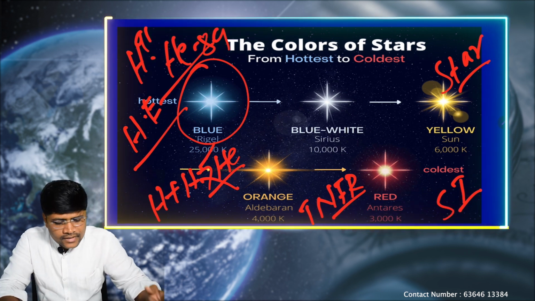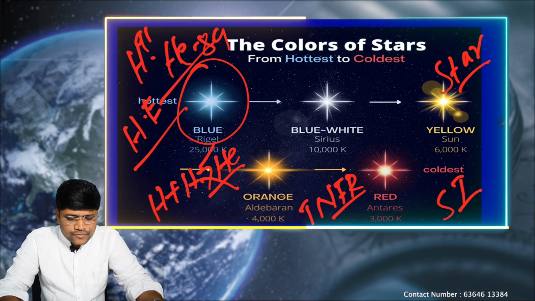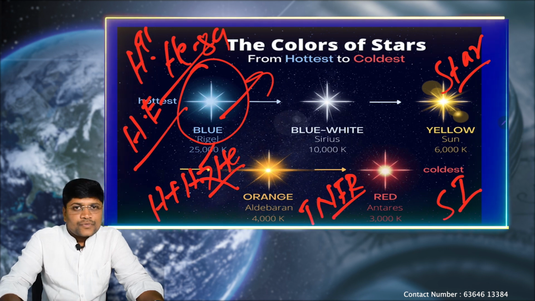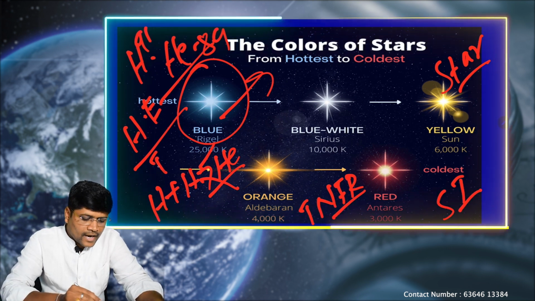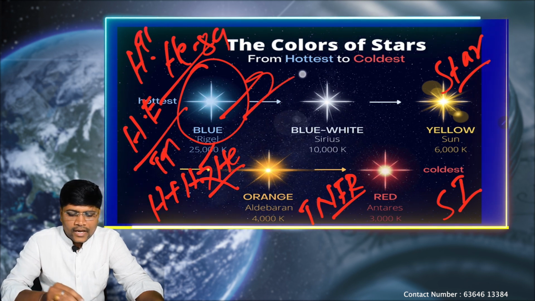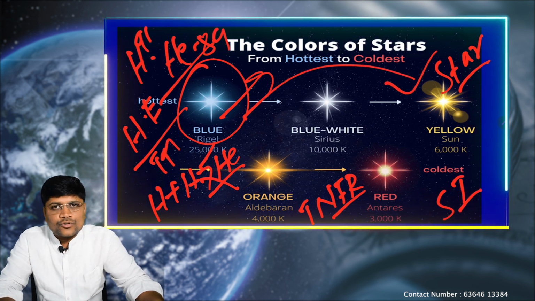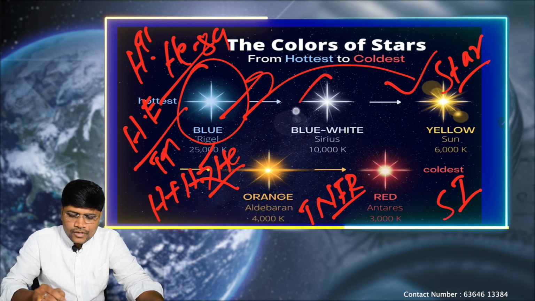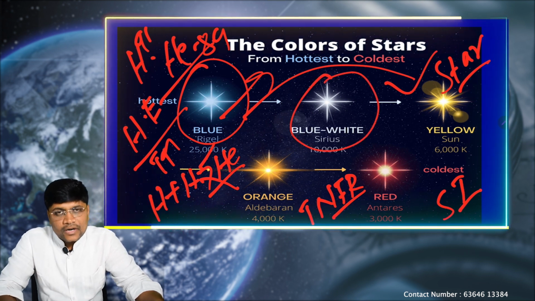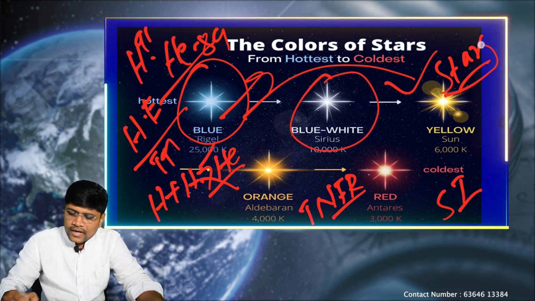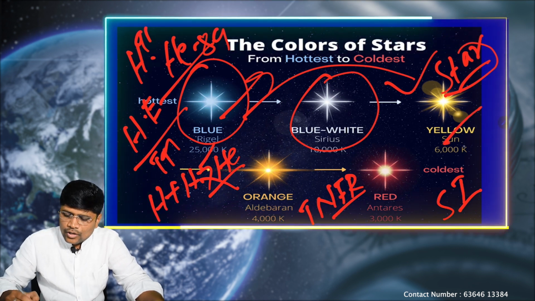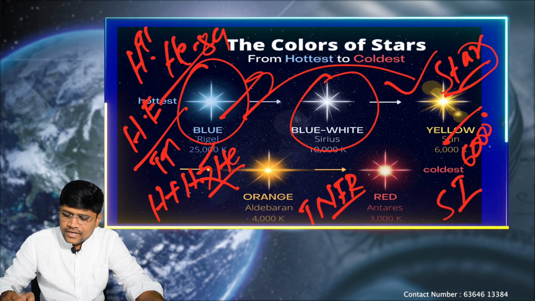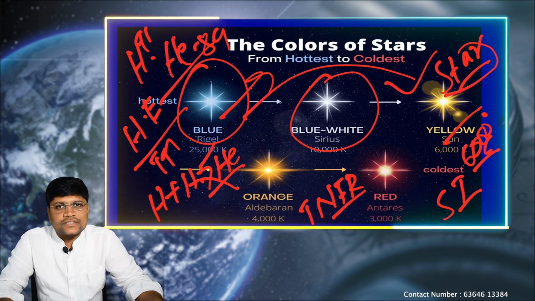Here we are seeing different stars with different colors. The stars with blue color indicate their youth stage, with high temperature. When they go to the mature or medium stage, in the transition phase they will be bluish white, and in the mature stage they will have the yellow color. Yellow color means the medium stage, and the surface temperature is usually 6000 degrees Celsius.